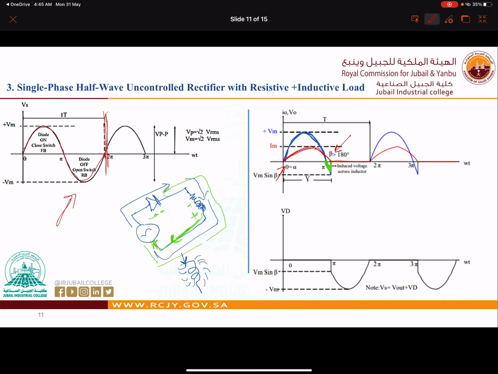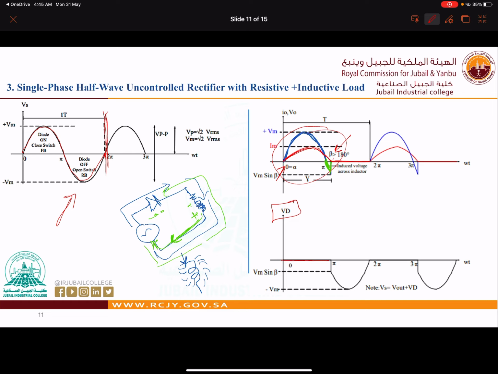And for the voltage of the diode here, once the diode is conducting the current, once we have conduction, it will be 0, as we explained.